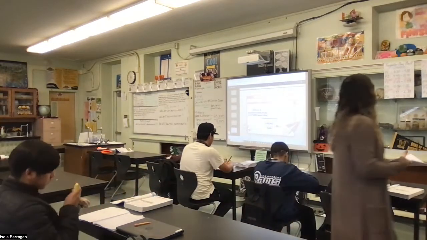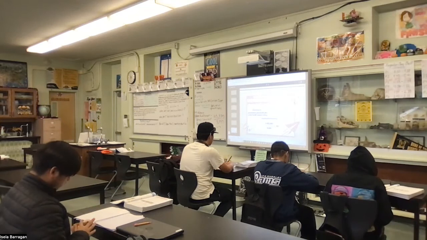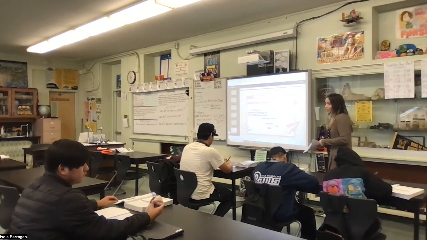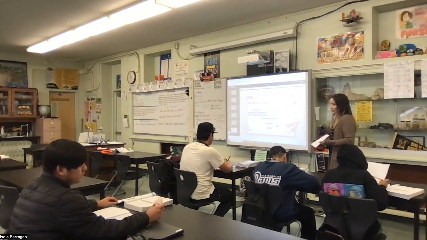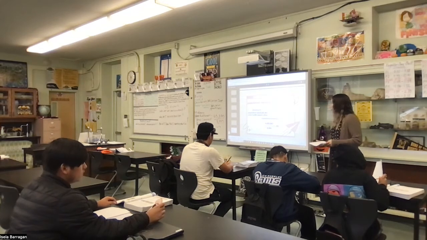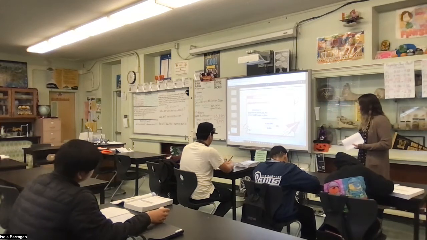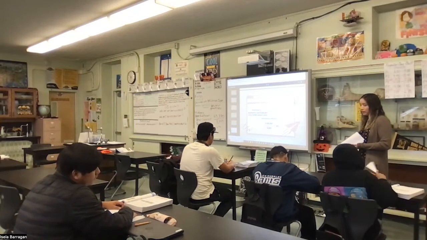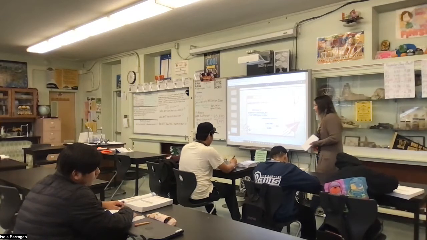Once you guys are finished, we will go over the answers together, and then we are going to play a game of Kahoot. Are you guys familiar with Kahoot? Okay, so that's why I wanted you guys to have your Chromebooks ready, because in about 10-15 minutes, once you guys are finished, we're gonna go over them together and then we'll get started.